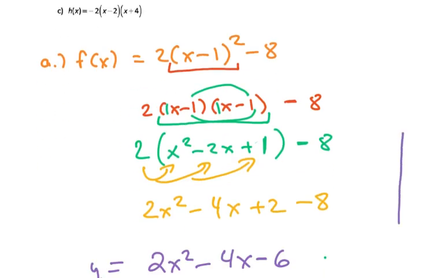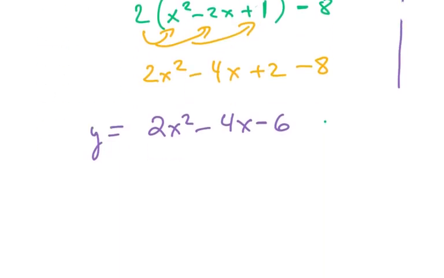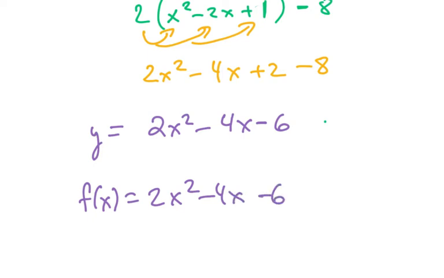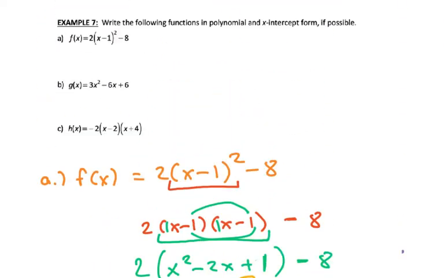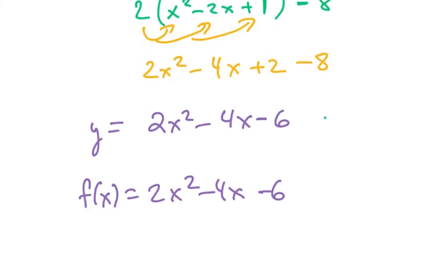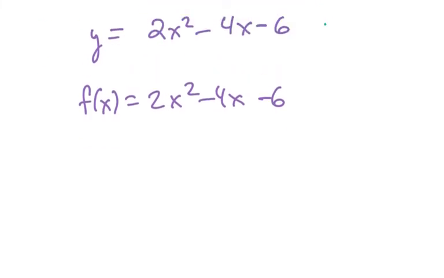It does say f of x, so we'll call it f of x equals 2x squared minus 4x minus 6. Okay, then it says in x-intercept form. This is going to be interesting because everybody does this a little differently.